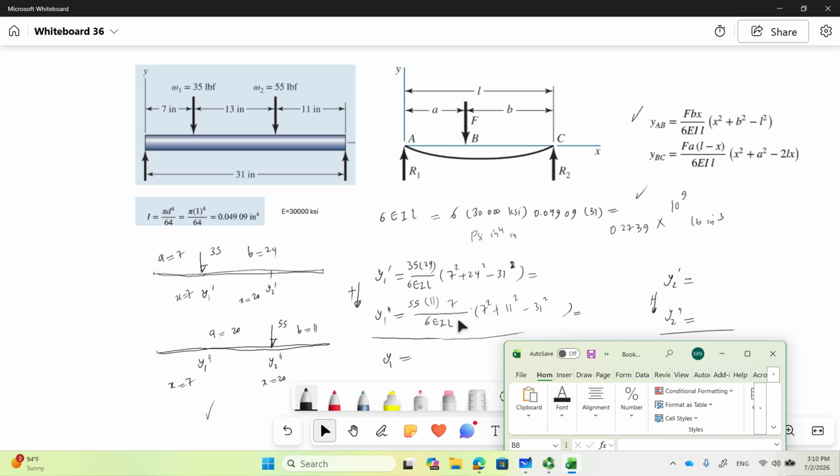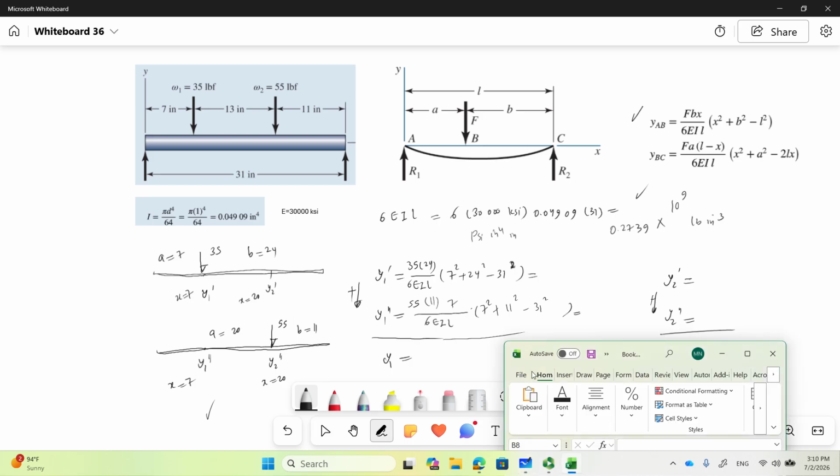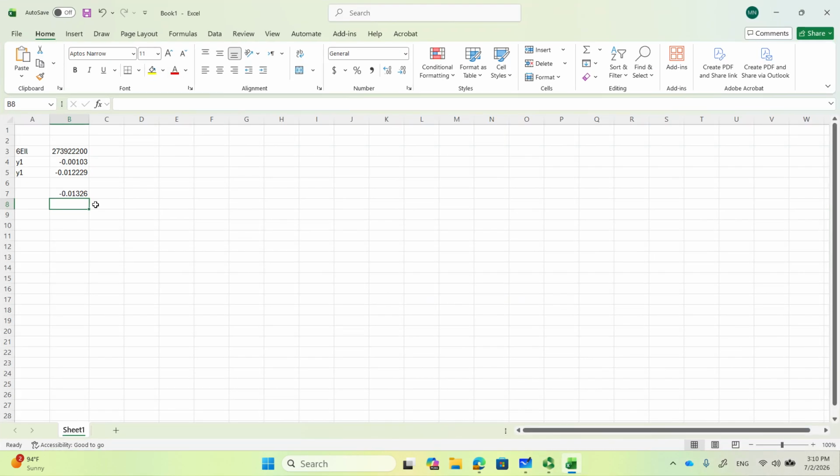Yeah, alright, so 55, 11, 7 squared, 11 squared minus 31, everything looks right. So how about, let me double check this guy. For this one, 35, the summation, they should add up to 0.19. So, let's see which one is wrong.